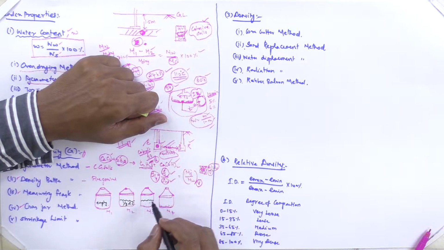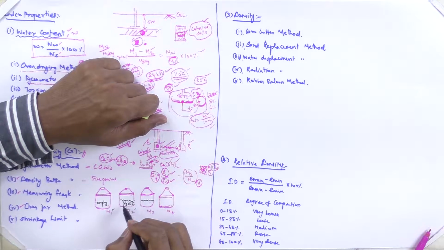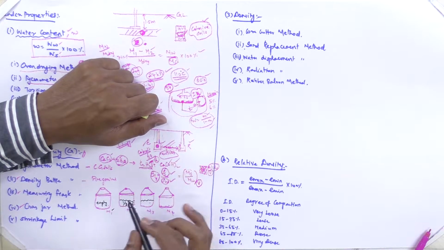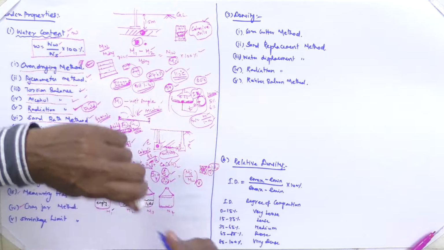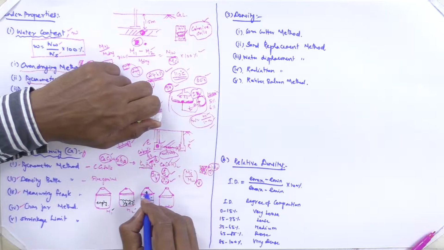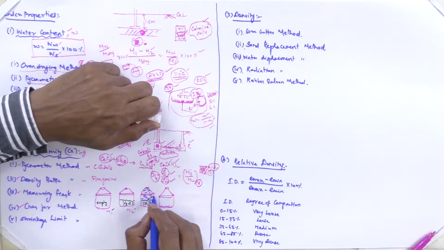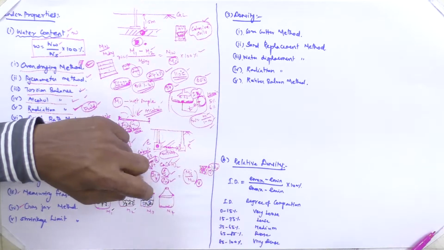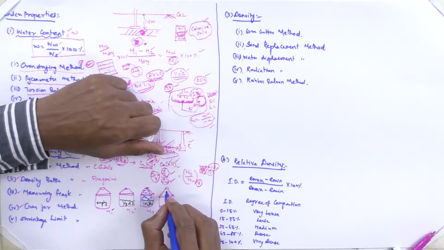M3 is the mass of the pycnometer with 1/3 dry soil added with water, filled up to the cone top. And M4 is with water alone, also filled up to the cone top.